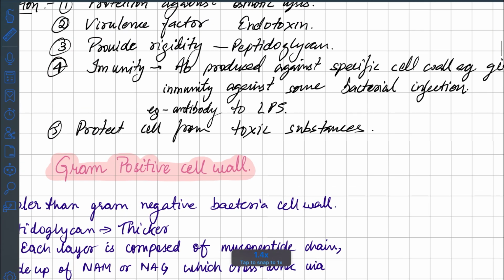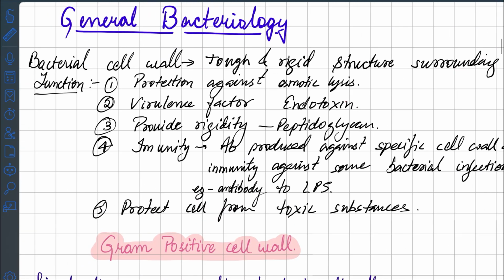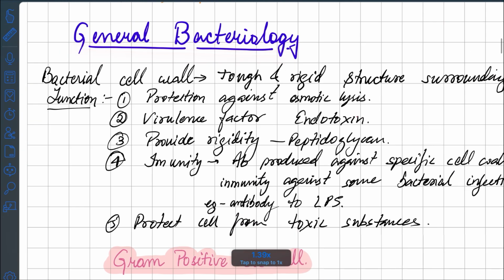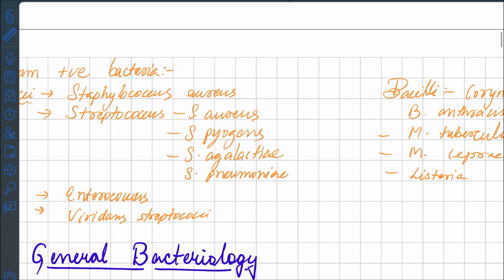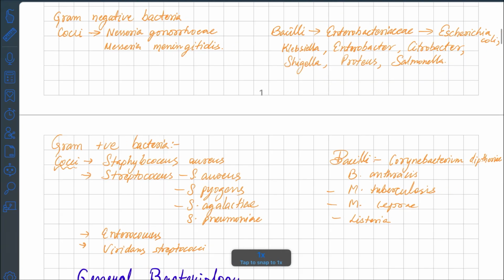In this video, we'll start with general bacteriology. But before we jump into general bacteriology, let's learn some of the names of bacteria. The basic bacterial classification is done based on gram staining.